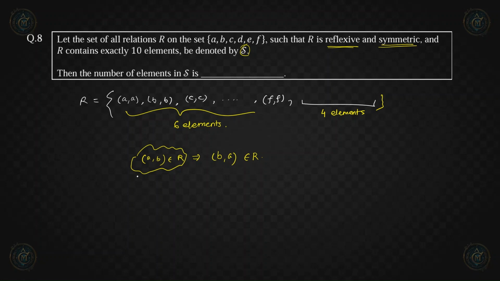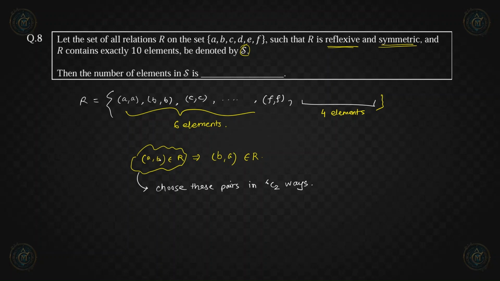That means we can choose these pairs in 6C2 ways. We have a total of 6C2 pairs of this (A, B). So if we want to get 4 elements out of them, we must select 2 pairs, because all of these elements will come with their pair.